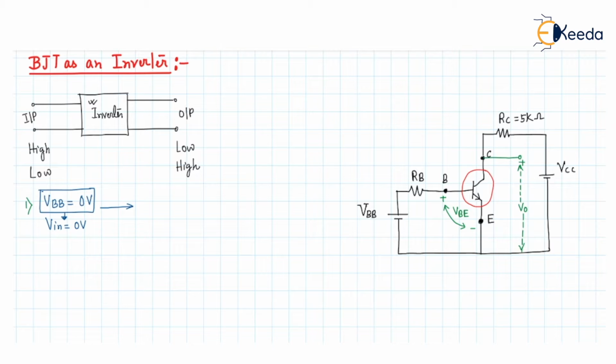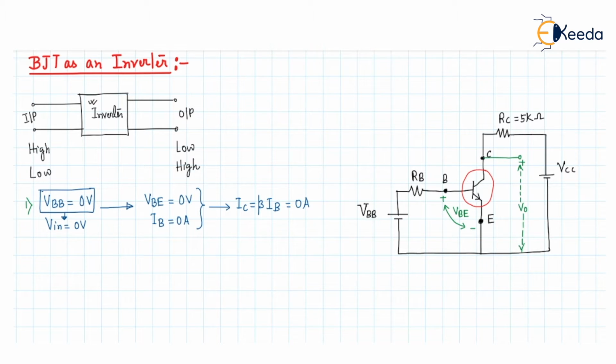Then we can say that the VBE potential will be 0 volt, and the base current will also be 0 ampere, due to which the collector current, which is equal to beta into IB, will also be 0.